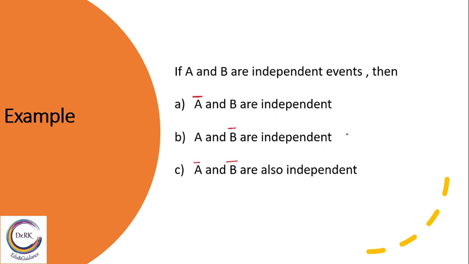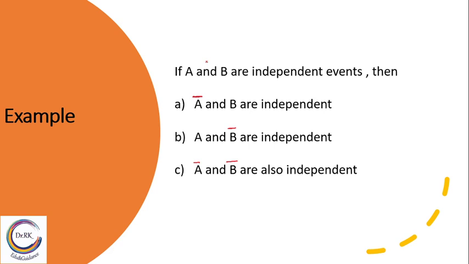Next, another important concept, and most of the time it appears in various examinations where they'll ask us to prove this, or sometimes they will ask us to give some examples which validate these statements.